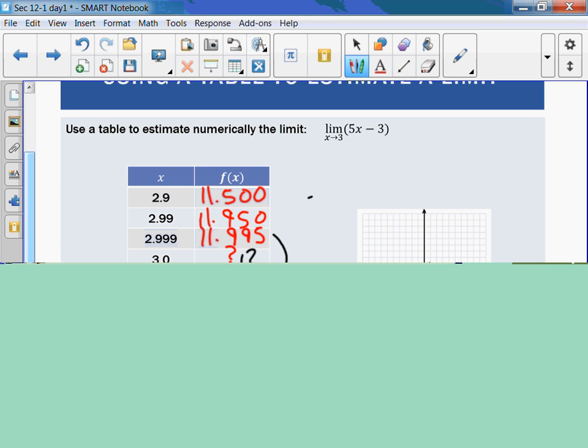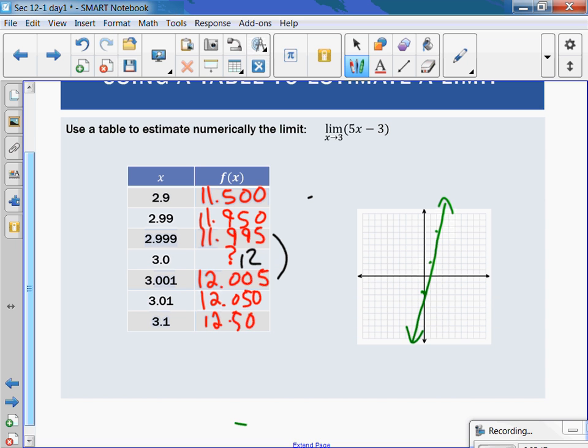So this is what our graph is, and the limit as x approaches 3. So from the right or from the left, I'm approaching a value of 12 on that graph. Sure enough, if this was drawn a little better to scale, we can see we'd be close to that point of 12.